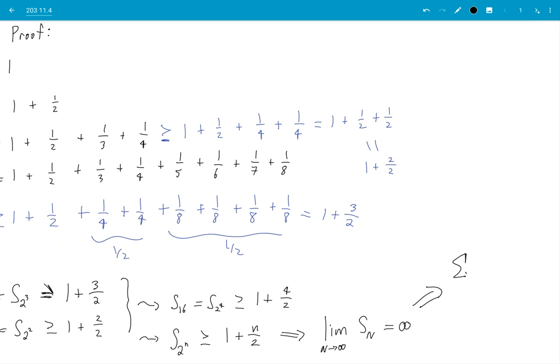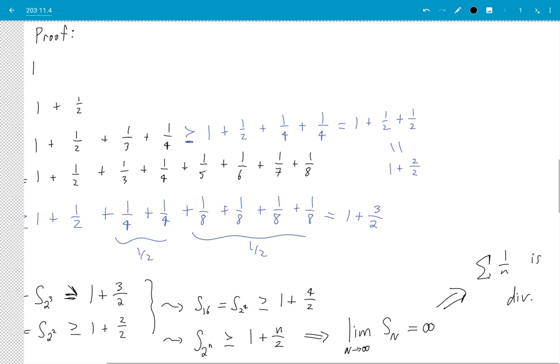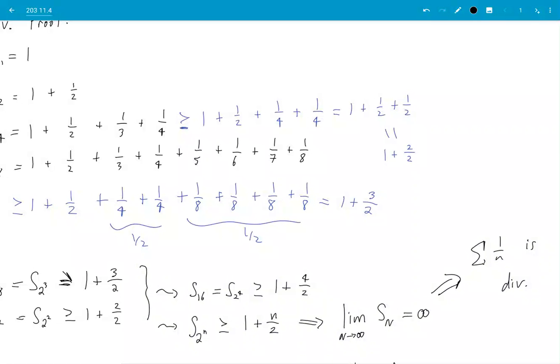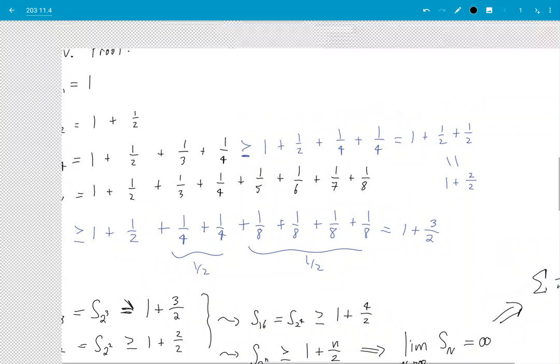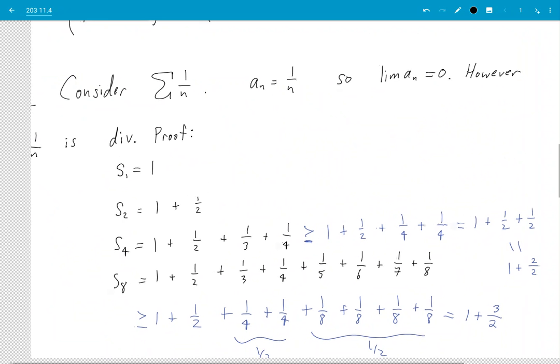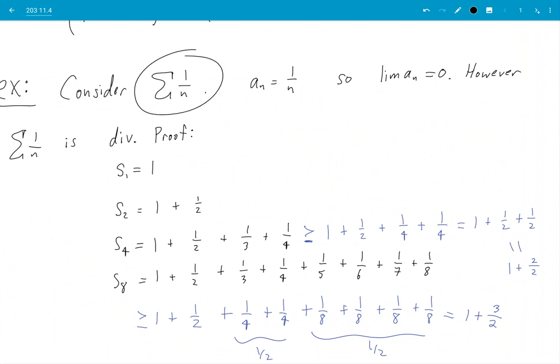It tells me that the summation of 1 over n is divergent, because the sequence of partial sums has a limit equal to infinity. Okay, that's a little tricky proof here. You won't be expected to reproduce this, but I just want to convince you that just because the limit of a_n is 0, it doesn't mean that the corresponding series is convergent.